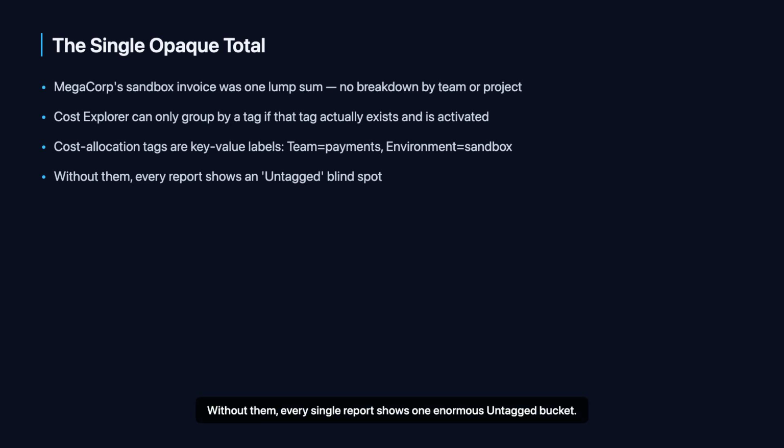Without them, every single report shows one enormous untagged bucket. That's the blind spot. Practitioners find that in messy multi-team accounts, untagged spend routinely runs 30 to 50% of the bill.